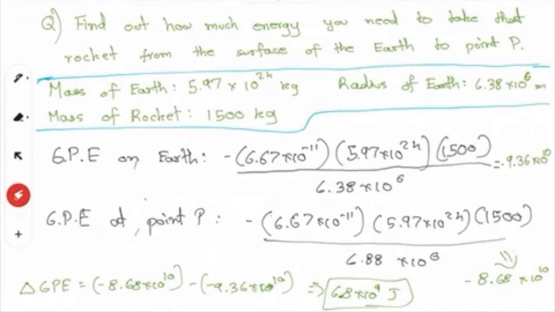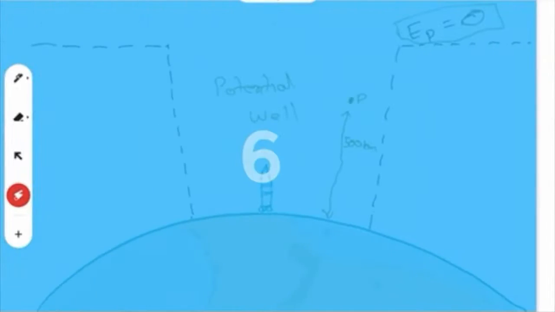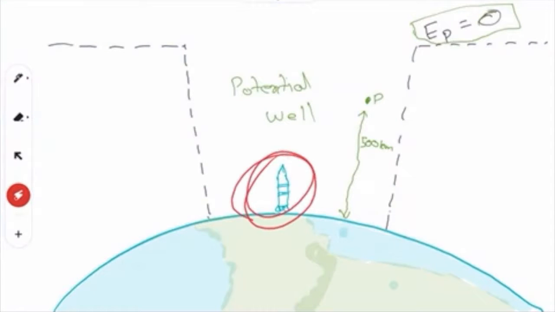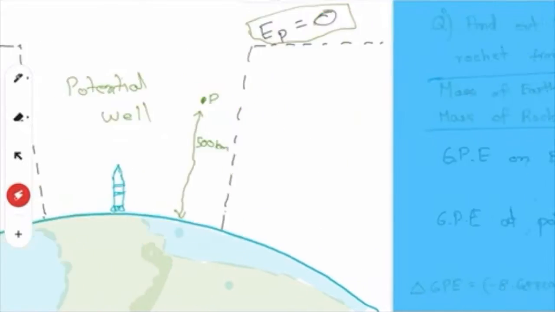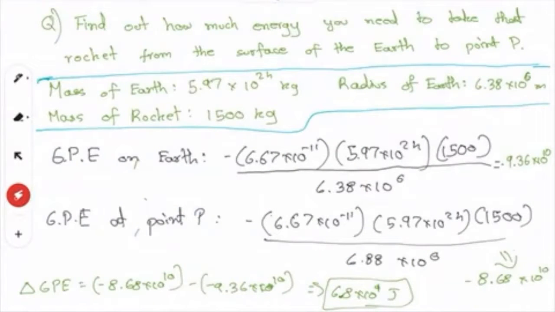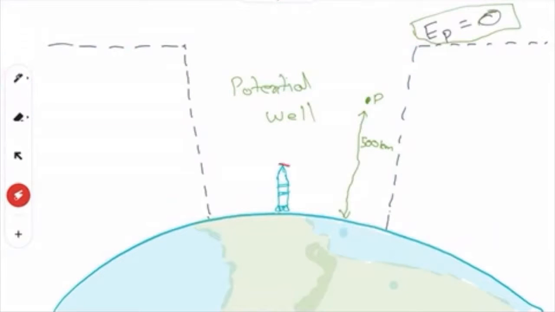So the question is, find out how much energy you would need to take that rocket from the surface of the Earth to point B. Okay, so it's this rocket, and we have to figure out how much energy we need in order to take this rocket from here up to this level, or to point B. So these are some values for mass of the Earth, mass of the rocket, and basically all we have to do here is just calculate what the gravitational potential energy of the rocket is here, and then calculate what it would be over here.